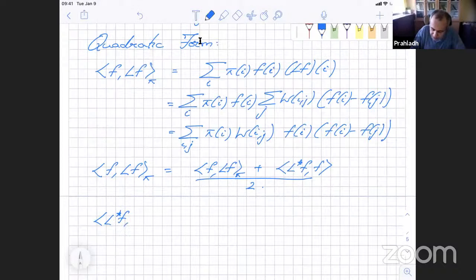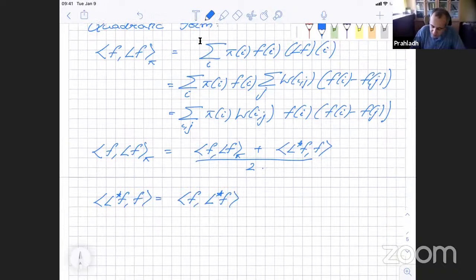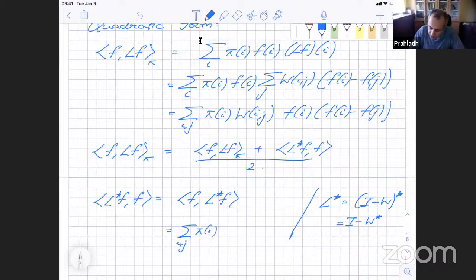This is the same as L star F. And L star will be just I minus W star. The adjoint of this is just I minus W adjoint. So this, by exactly the same calculations which we saw above, this will be pi I W star ij fi minus fj.